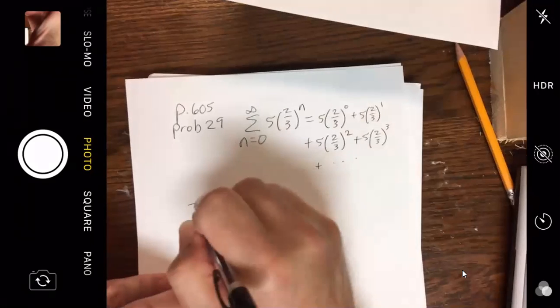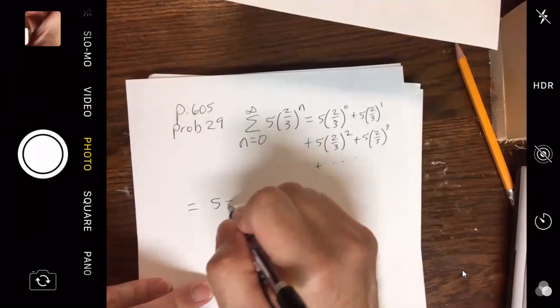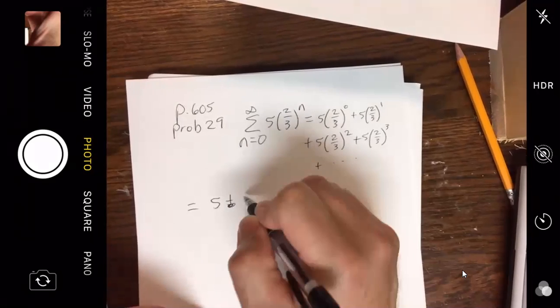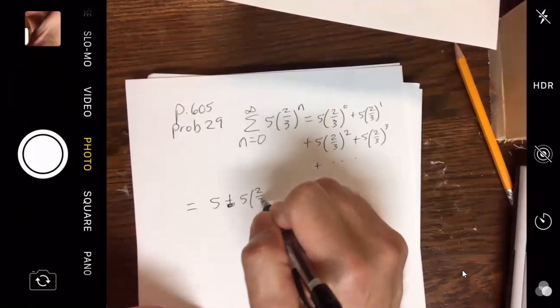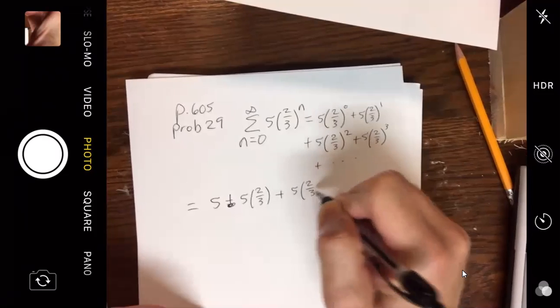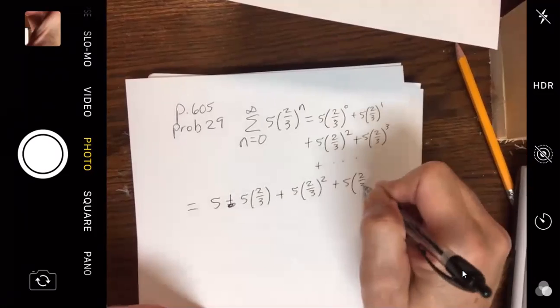So you're really getting 5, because 2/3 to the 0 is still 1, so it's a plain 5, plus 5 times 2/3, plus 5 times 2/3 squared, 5 times 2/3 cubed.